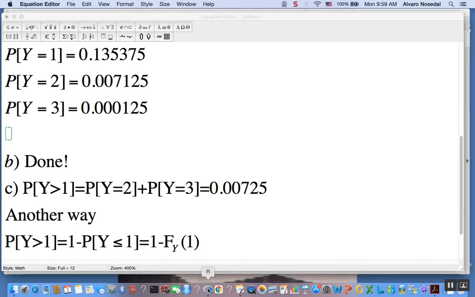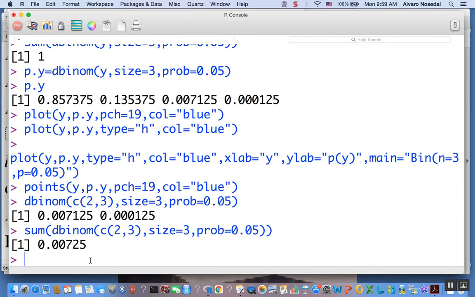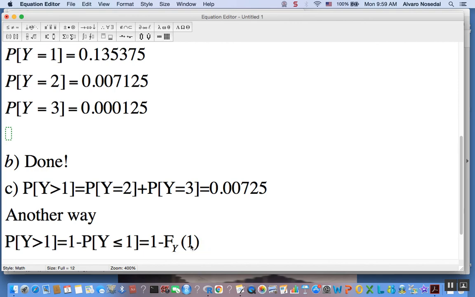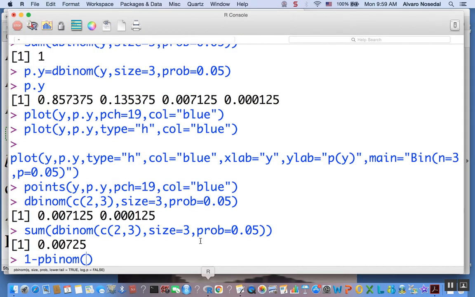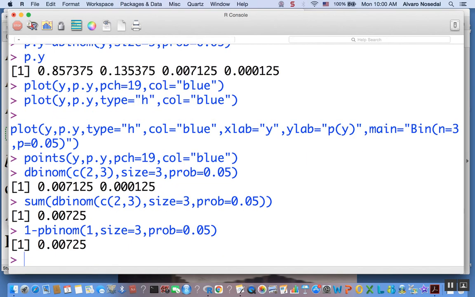The function that you need to evaluate the CDF is pbinom. So we want to evaluate the CDF of a binomial at 1. Parameters same as before, size n, 3, probability of success 0.05, exactly the same.